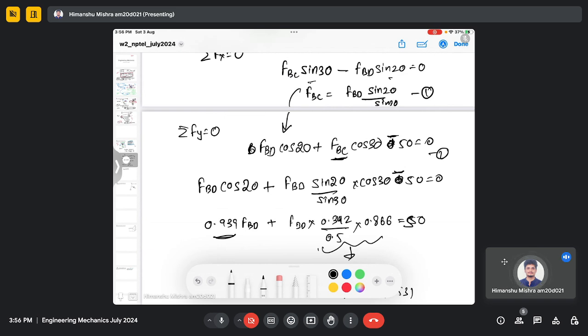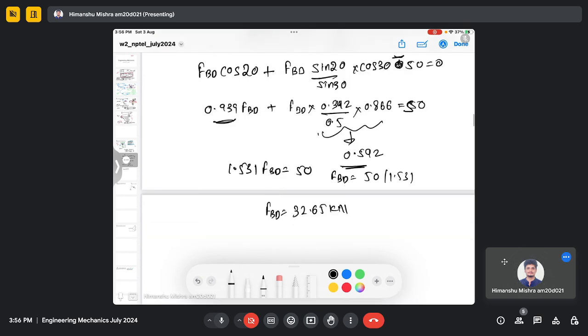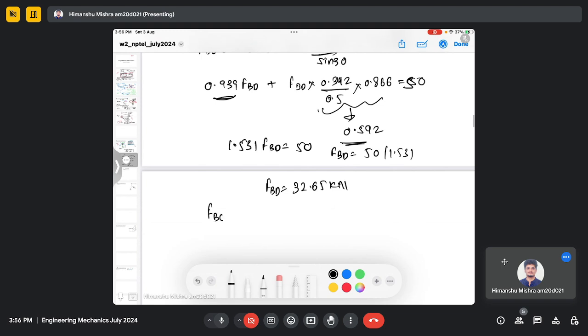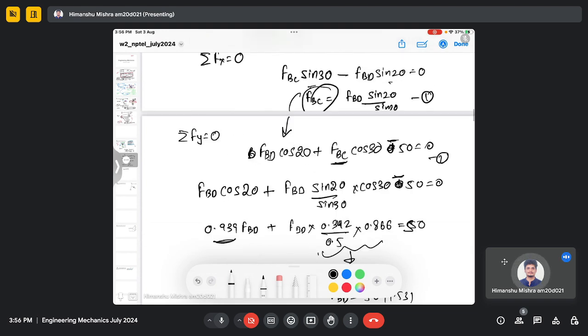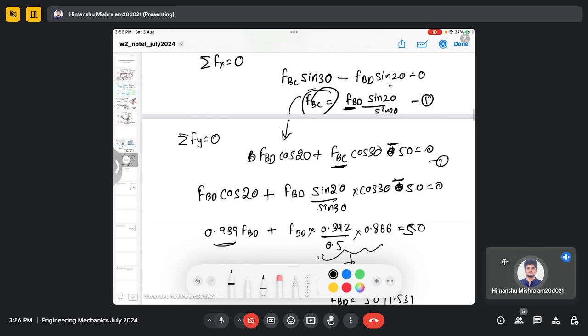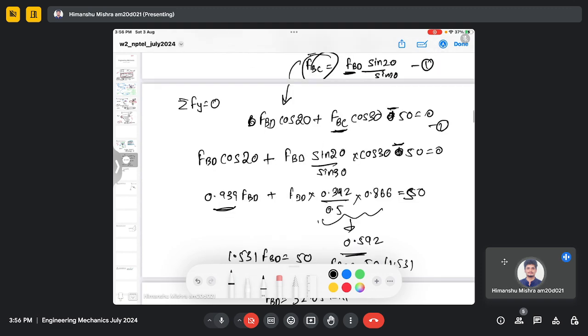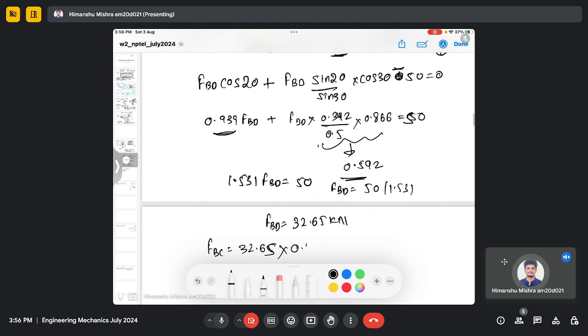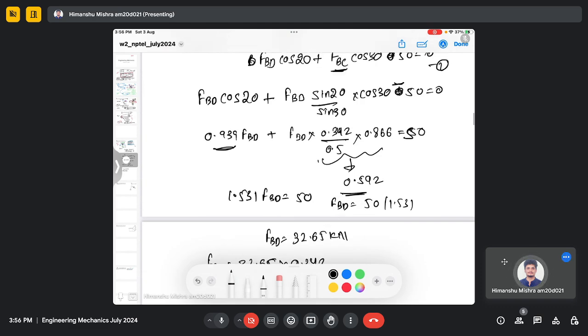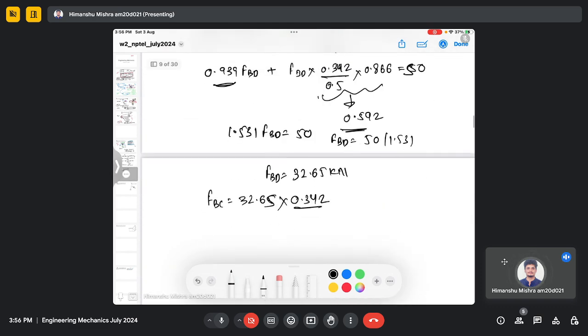So this is my FBD, and we can use either equation 2 or 1. So let's use equation 1 to calculate force FBC. So FBD is 32.6, we just found out. And sine 20 is 0.342, divided by sine 30, which is 0.5.